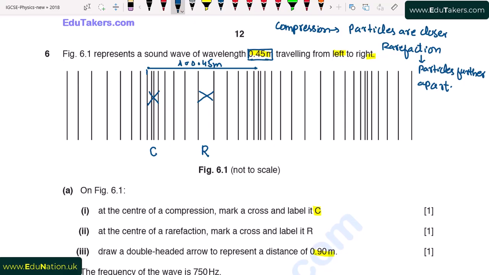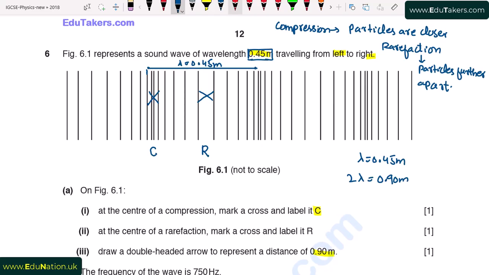Next, in part 3, we have to represent the distance that is equal to 0.90 meter. So what I will do here, the wavelength is equal to 0.45 meter. When I multiply both sides by 2, it will be 0.90 meter. So I just double the wavelength to get a distance of 0.90 meter.